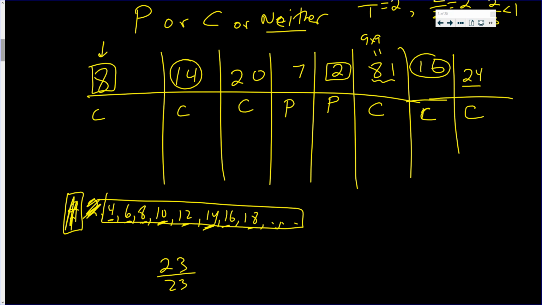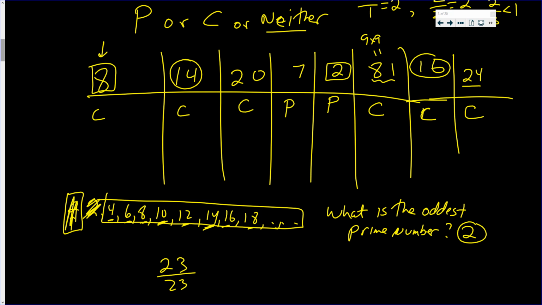There's a silly joke. What is the oddest, as in strangest, odd number? Sorry. What is the oddest prime number? And the answer is 2.